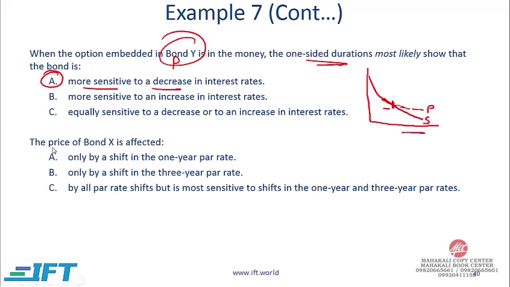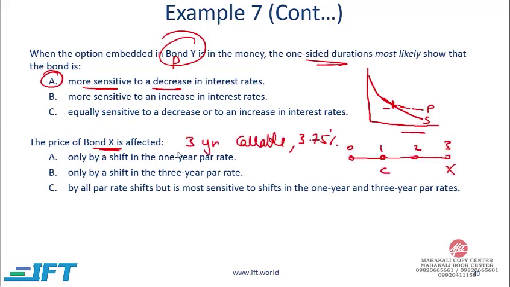Now try this. So bond X is a 3-year bond which is callable after 1 year. Say we are here at time 0, bond is callable after 1 year, and it's a 3.75% coupon bond. The price of this bond is affected by what? Intuitively, we can say that this bond will be impacted by multiple interest rates.